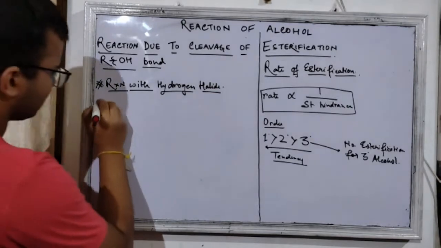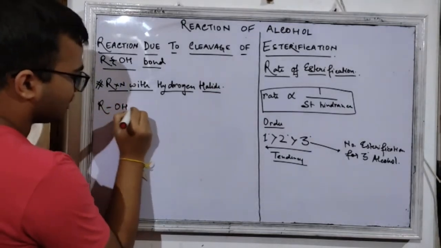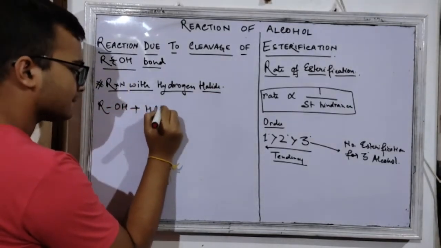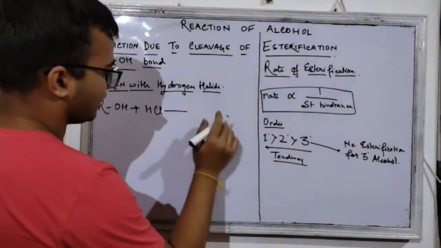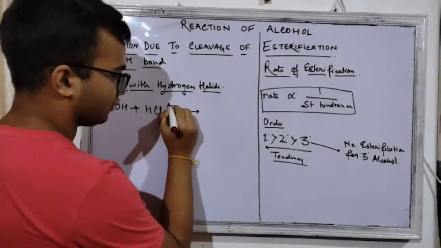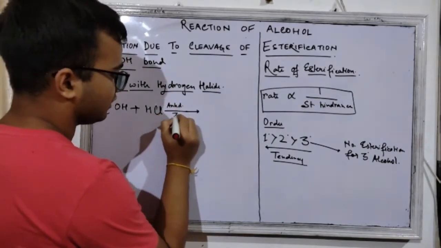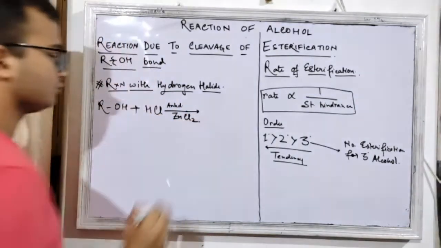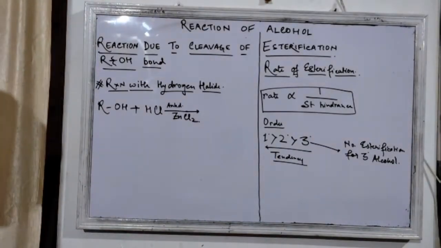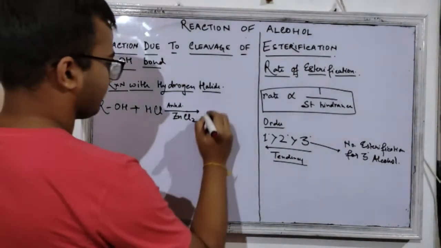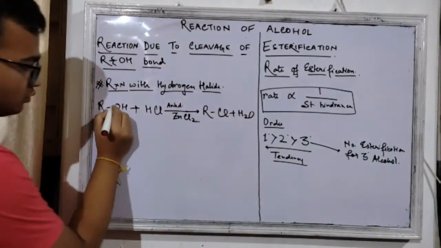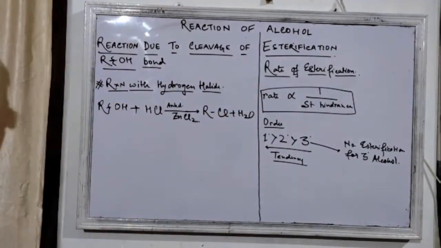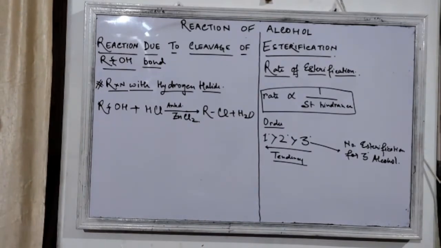So if you get an alcohol like this, ROH, for hydrogen halide you can take HCl. Now you have to treat it with anhydrous ZnCl2, and it will give RCl plus H2O. See, this OH group is breaking and Cl is getting added over there. Clear?